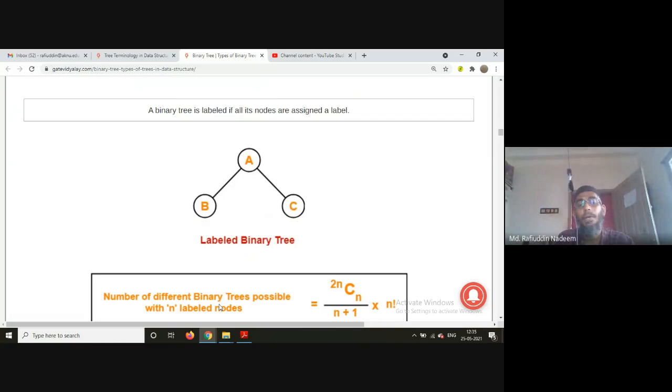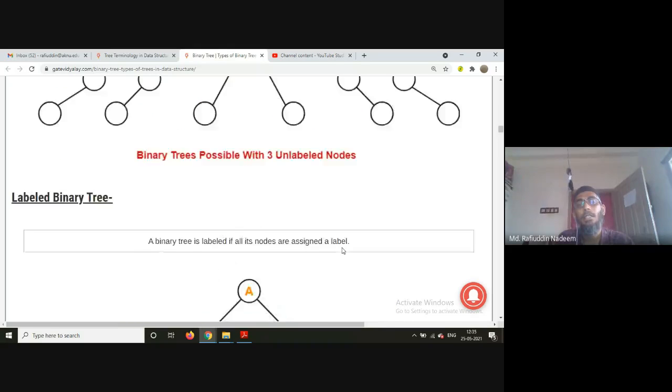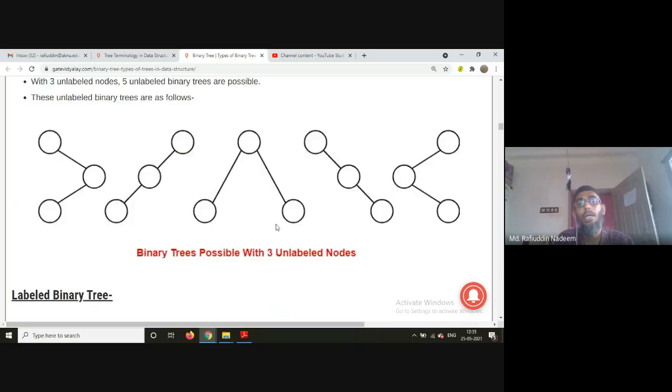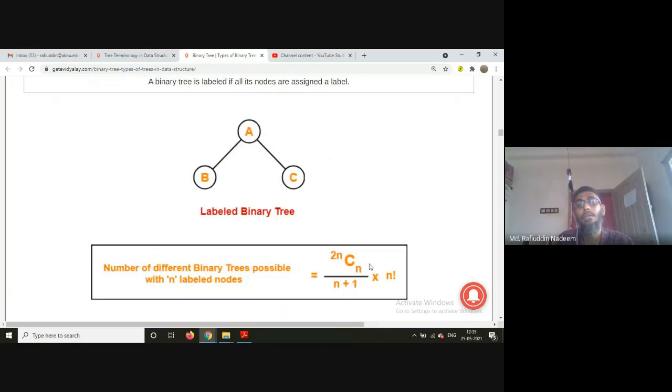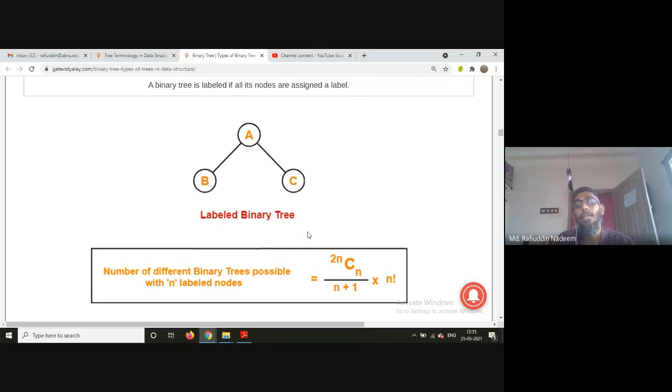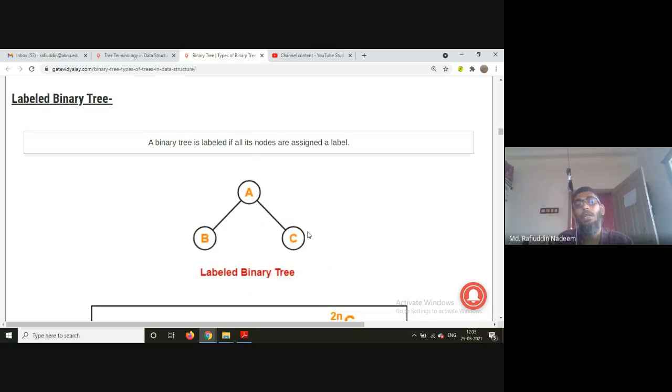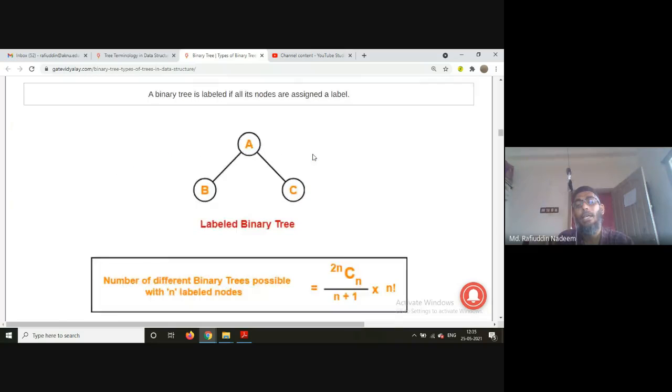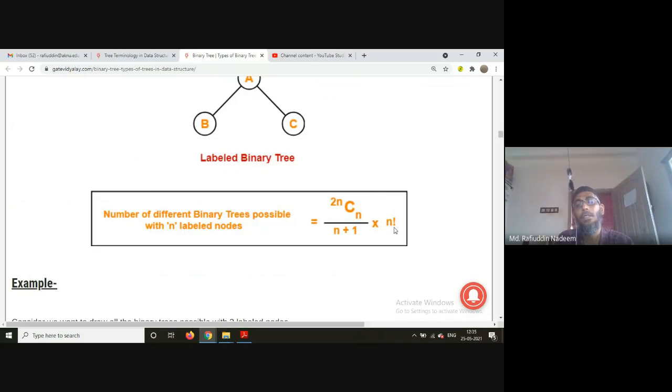So the number of different binary trees possible for n labeled nodes: the formula here is 2nCn by n plus 1, into n factorial. In the sense, this is 5 into 3 factorial. If you are taking n as 3 here, 2nCn by n plus 1 will give you 5, and 3 factorial is 6.